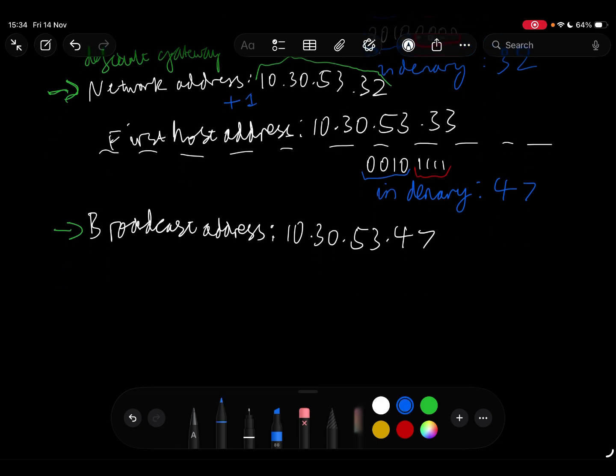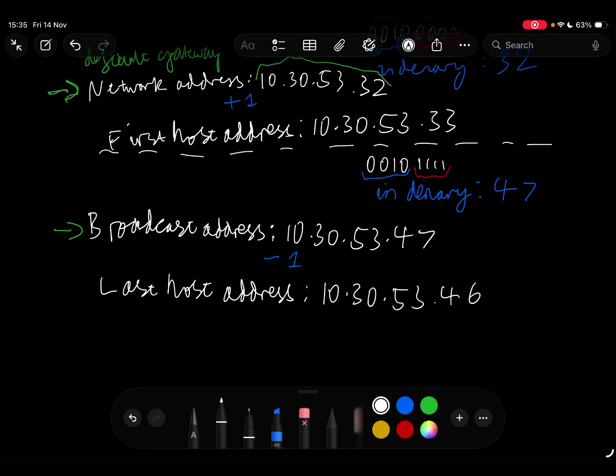And for the broadcast address, the last usable host address is going to be this minus 1. So that's going to be the last host address, 10.30.53.46.